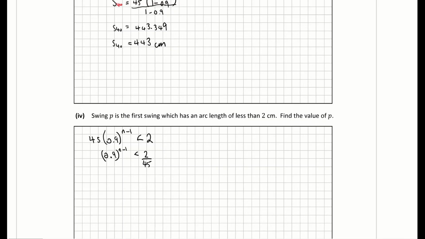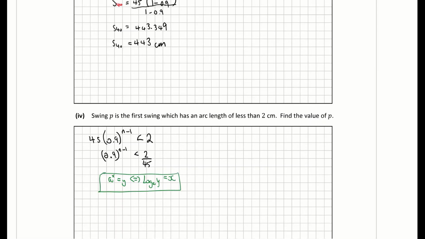I'm then going to go to my log tables, and I'm going to use my knowledge of logs here on page 21. And on page 21, top right hand corner, it has a to the power of x is equal to y, which implies, or is the same as, the log of y to the base a is equal to x. So that's page 21 on my log tables, and that's what I'm going to use here.